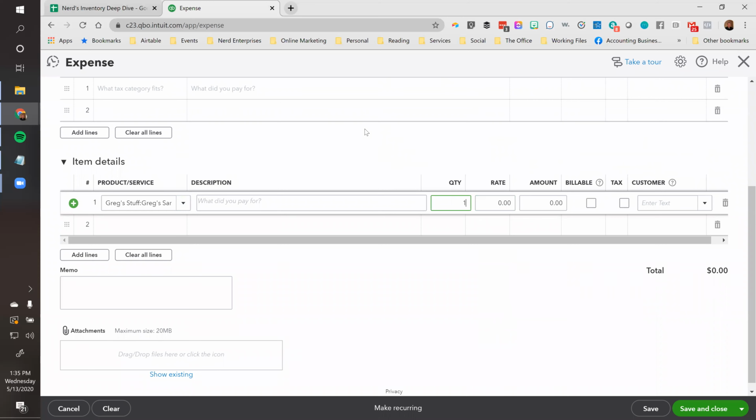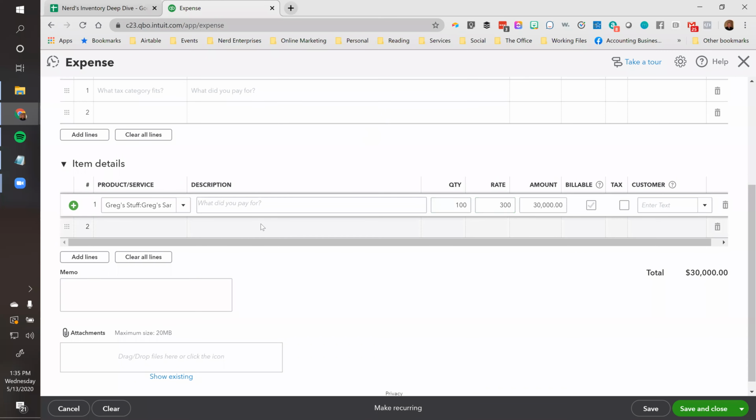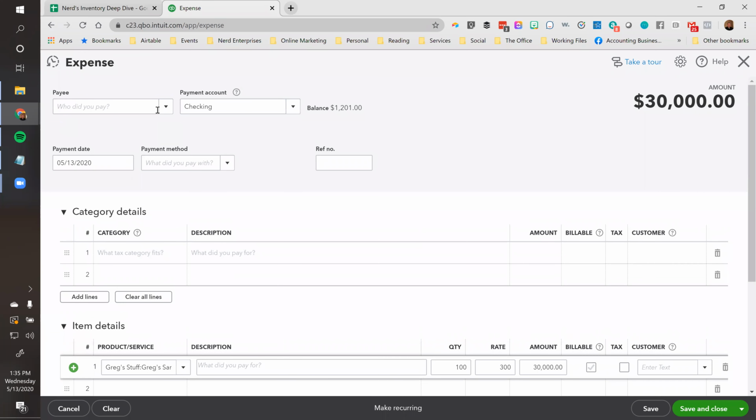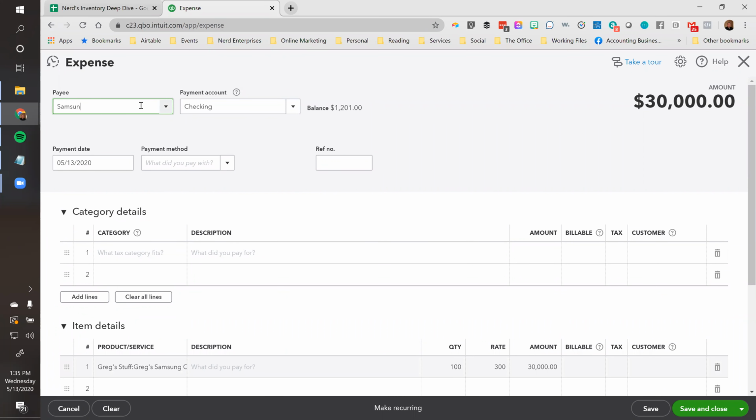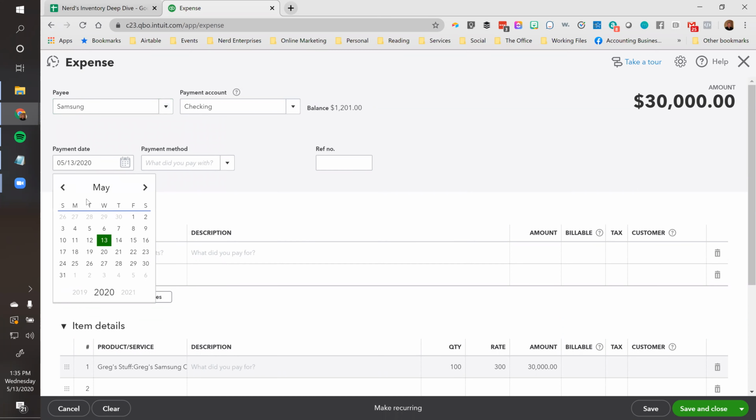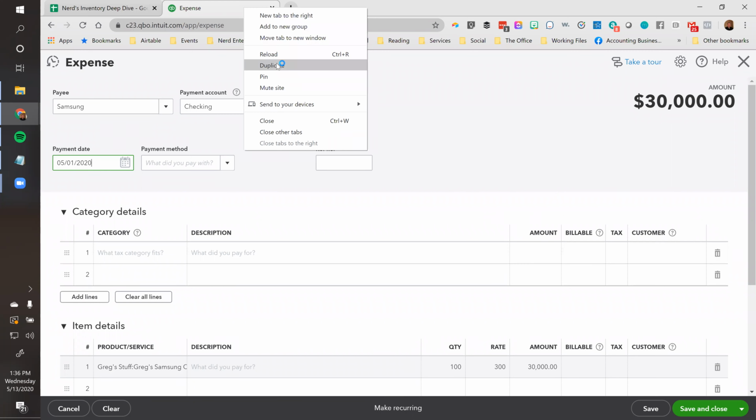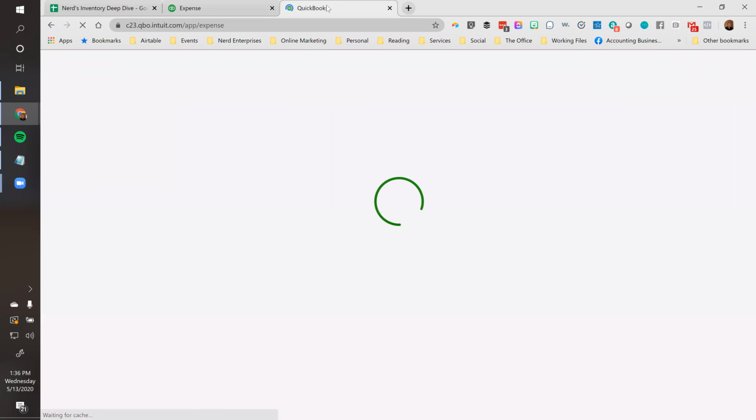We have 100 of them at 300 each. $30,000, right? Coming out of my checking. Samsung is the vendor. And save. And this is going to be May 1st. Okay, before I save this, let's go to the videotape.